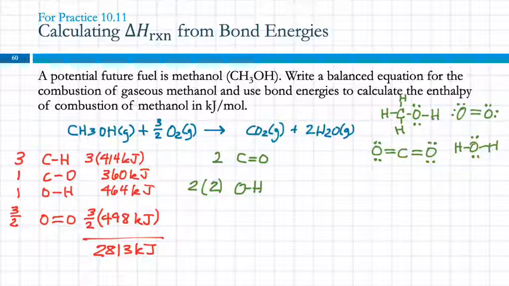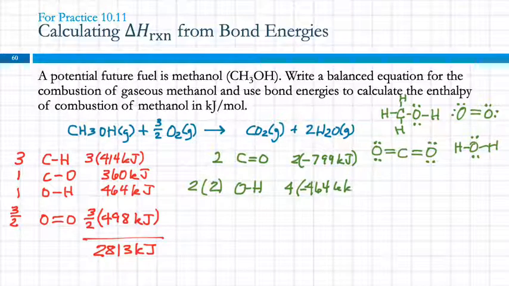Then the bonds that I'm making, 2 moles of carbon-oxygen double bonds, so that's 2 times negative 799 kilojoules. Negative because these are forming, not breaking. And then I have 2 times 2, 4 moles of hydrogen-oxygen bonds, 464, and also negative kilojoules.